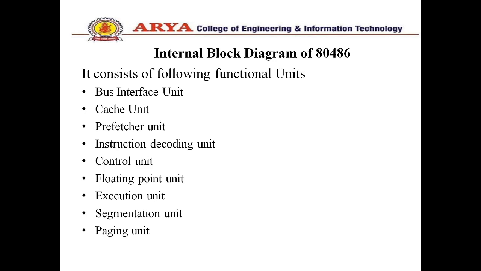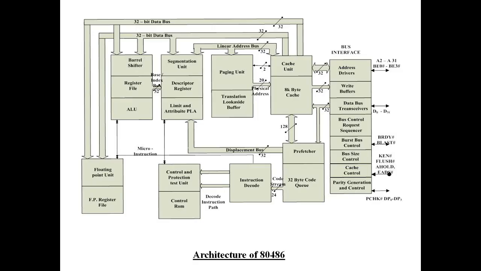Next is the internal block diagram of 80486. The internal block diagram has been shown in the next slide, and these are some basic functional units: bus interface unit, cache unit, prefetcher unit, instruction decoding unit, control unit, floating point unit, execution unit, segmentation unit, paging unit.